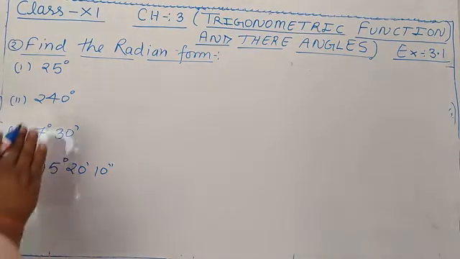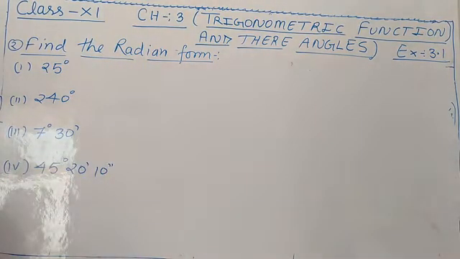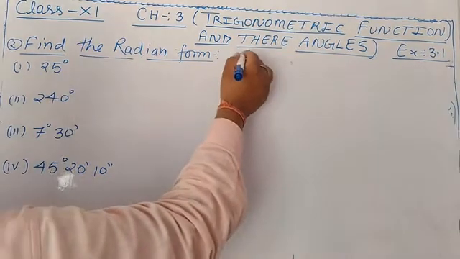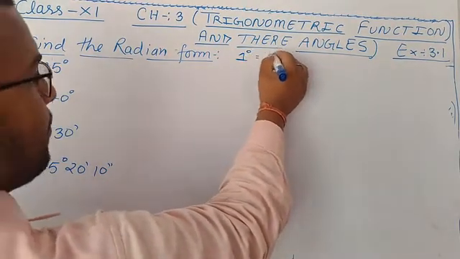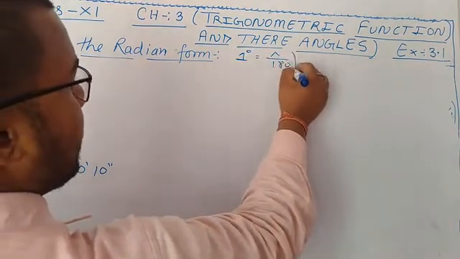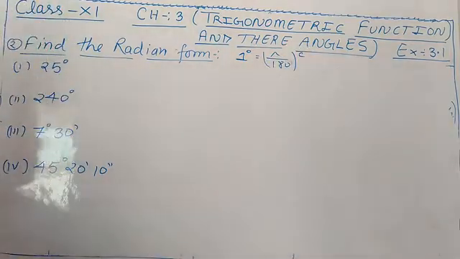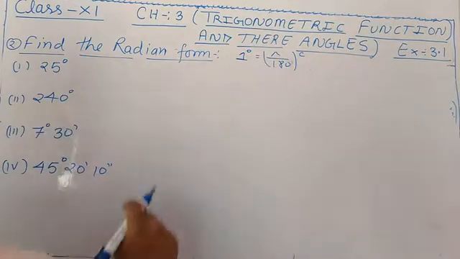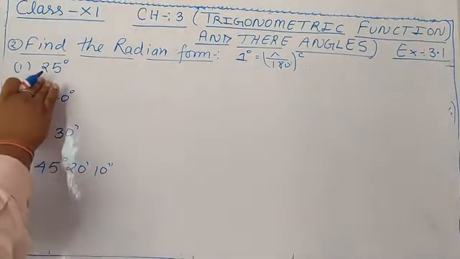Next question, find the radian form. Student, 1 degree is equal to pi upon 180 radian. We know that before we have proved that 1 degree is equal to pi upon 180. The degree form is given.